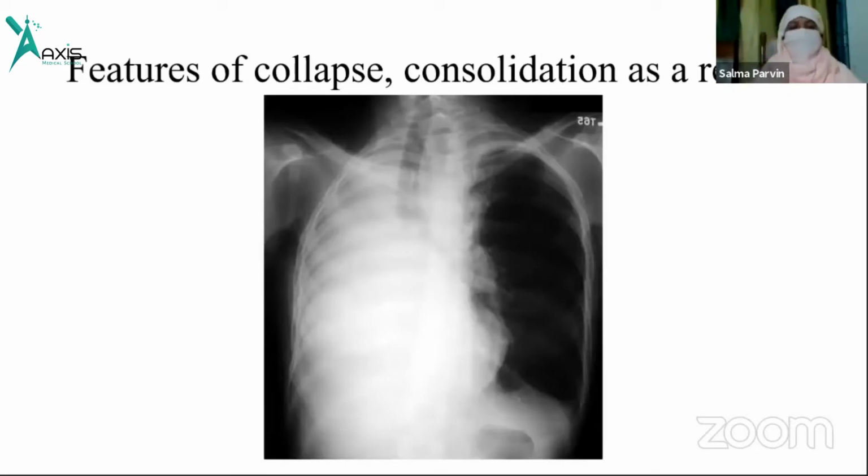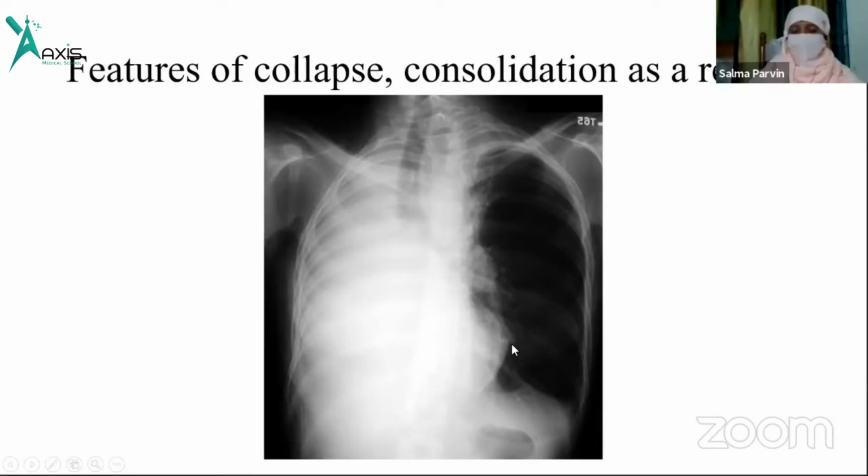And we are now at the features of collapse consolidation as a result of a mitotic lesion causing bronchial obstruction. You know, this is a white right lung.